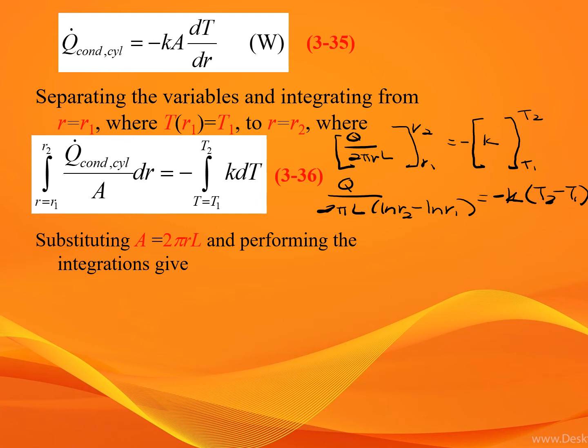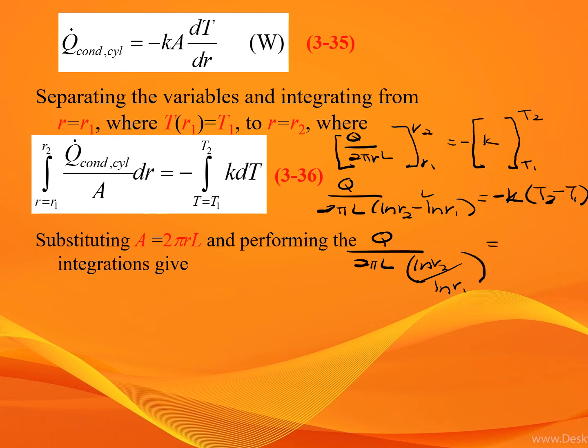So we simplify back the equation. Q is equal to 2 pi L. For the ln, we can simplify this equation, right? ln R2 over ln R1.